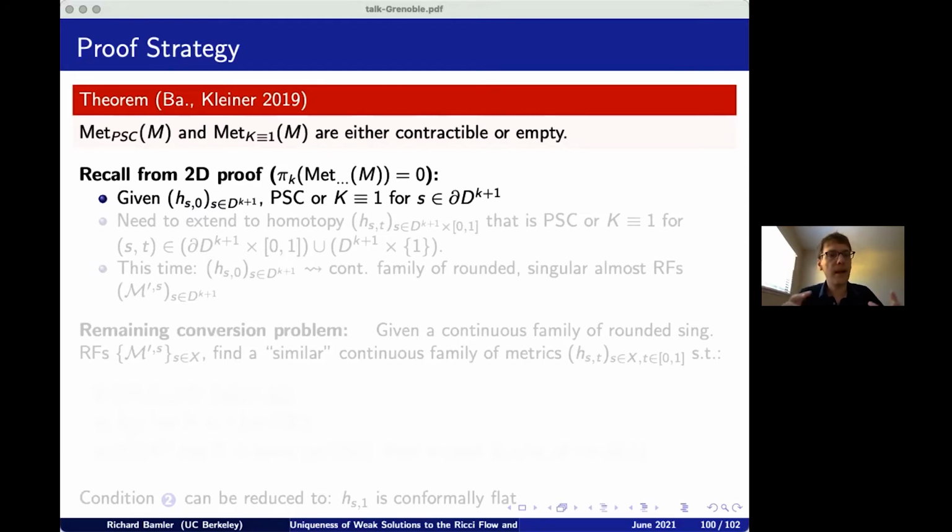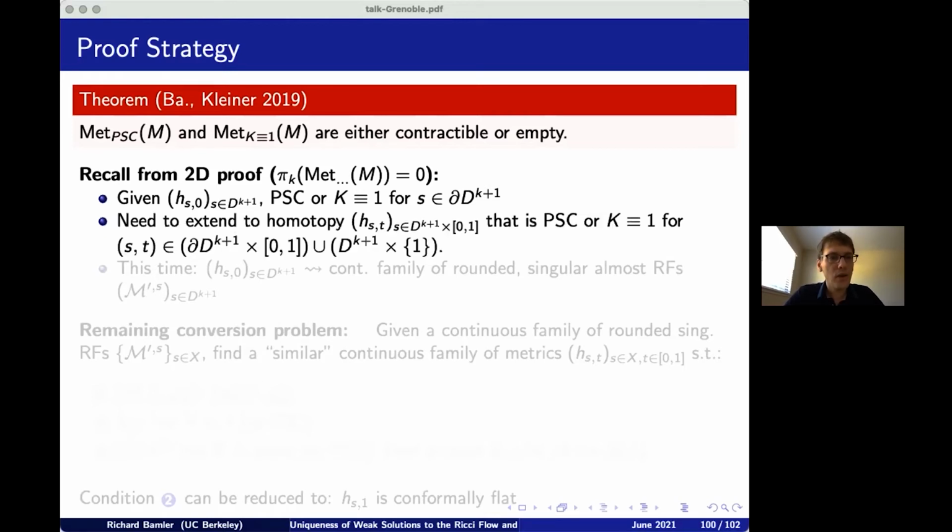Then we can extend this map to a K+1 disk, which takes values in the space of all metrics. Okay, so in the end, we obtain this map, which I'll just express as a continuous family of metrics h_{s,0} parameterized by a K+1 disk in such a way that for s in the boundary of this disk, these metrics are either PSC or constant curvature, depending on what we want to show.